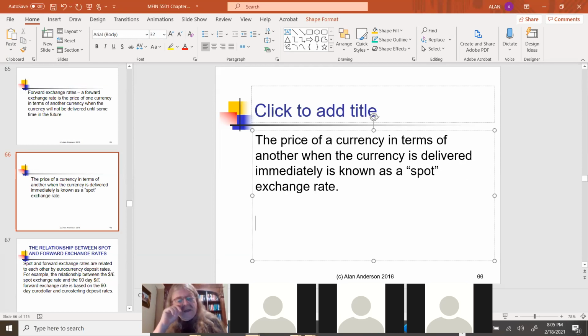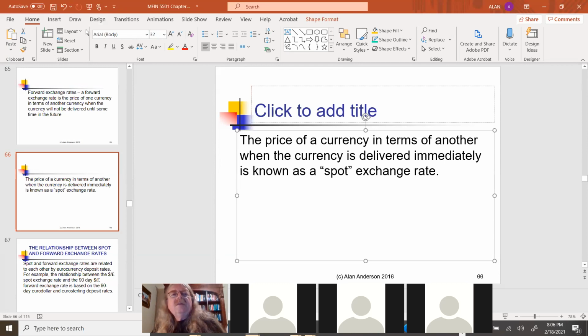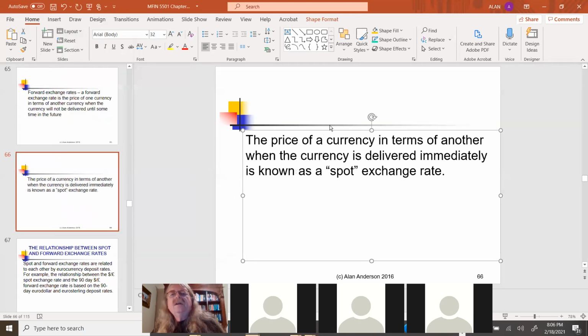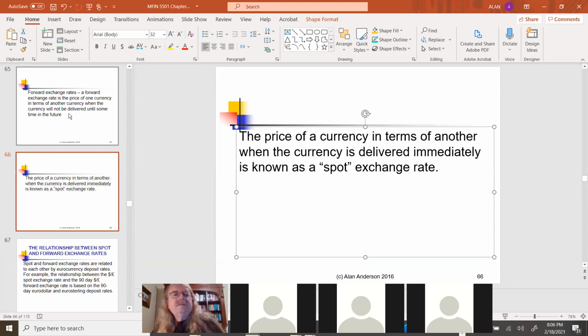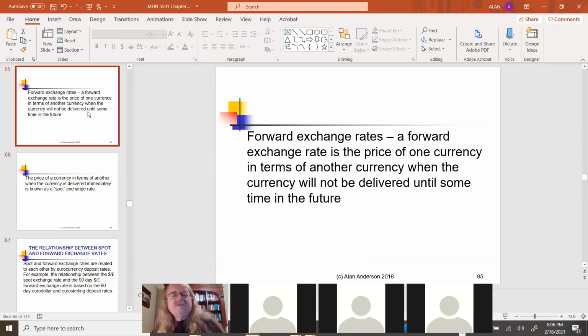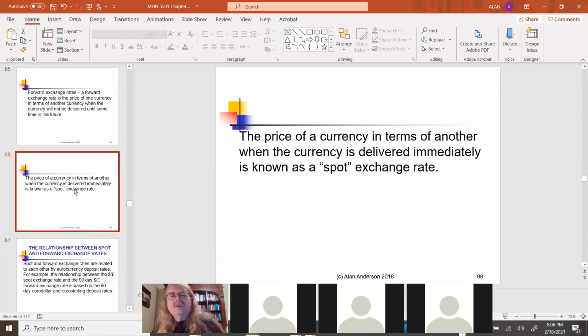In other words, if you go to the airport and you pay $1.50 for each pound that you buy, that is referred to as the spot exchange rate because you are taking immediate delivery of the pounds. So when would you want to buy a currency and not take immediate delivery? That's an interesting question. Well, because you have a very different motivation then for buying the currency. So again, forward exchange rates for future delivery, spot exchange rates for current or immediate delivery.